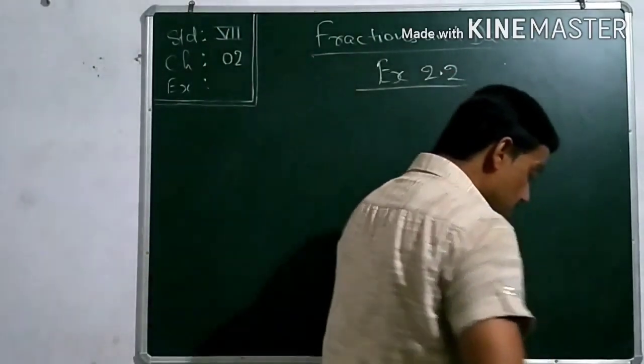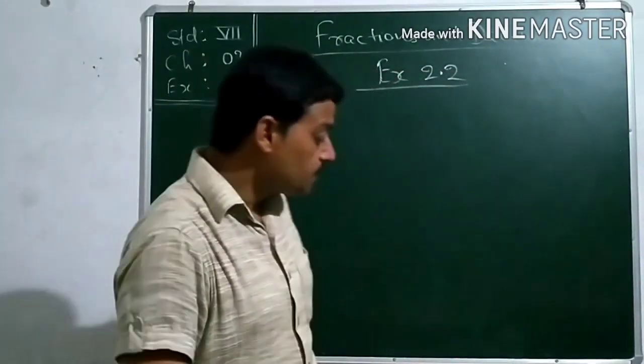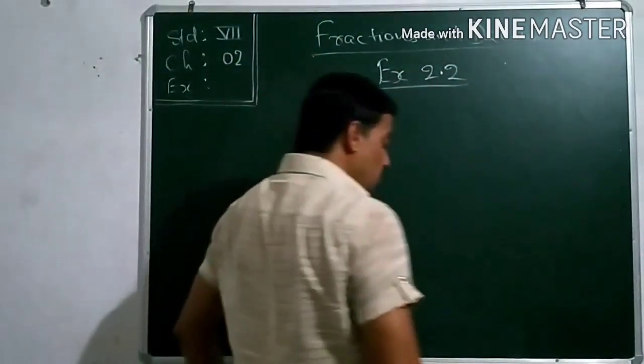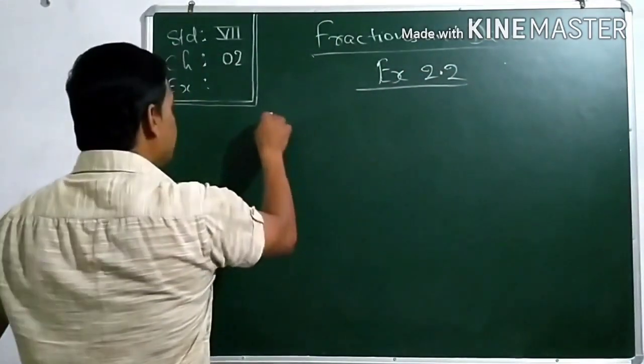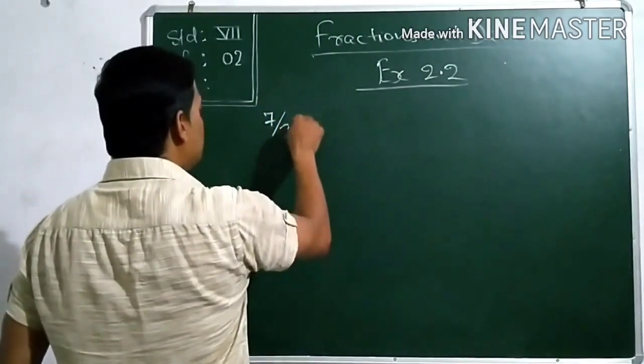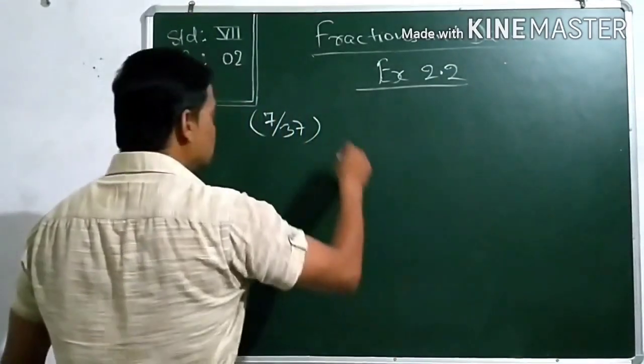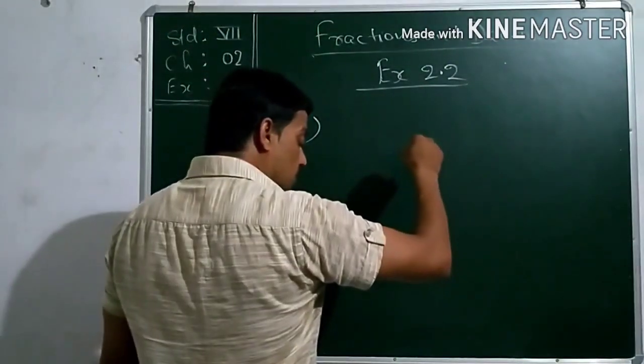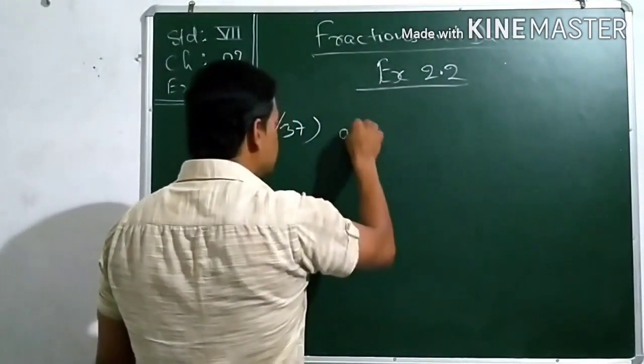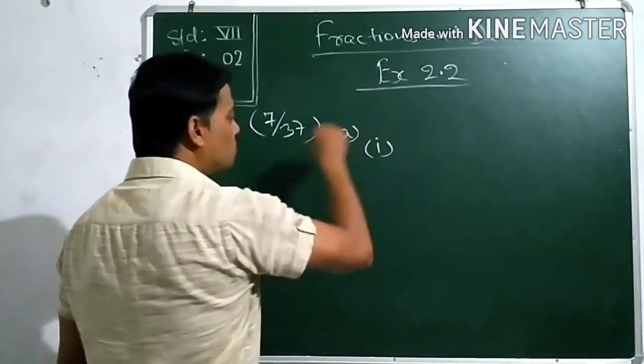Come to the 7 number sum now. In the 7 number, once again, very similar to the 5 number sum, A number is subdivided into two parts.